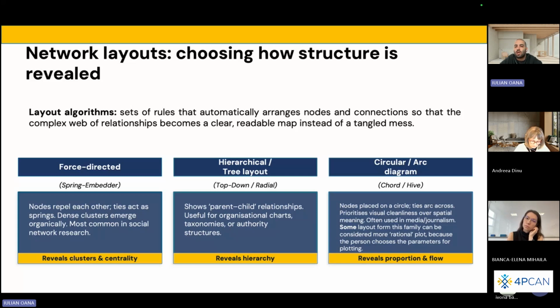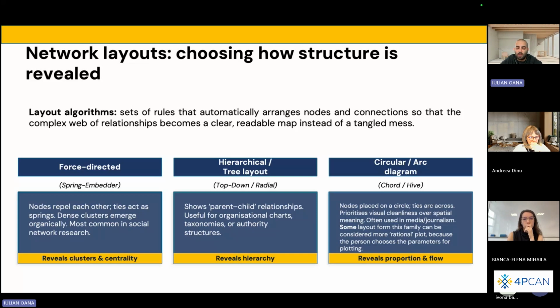These are very useful, for example, when we have directed networks comprised of unidirectional ties. So if we have a network where all ties are unidirectional, tree layouts can be very good to use as a visualization.